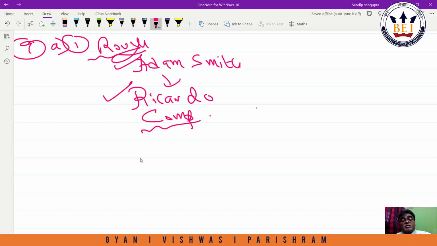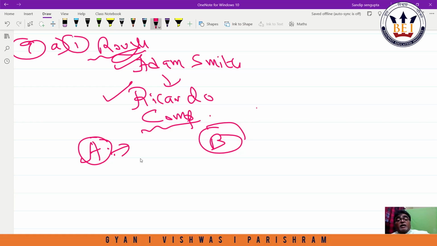Country A is comparatively better in X and country B in Y, so A exports X and B exports Y.